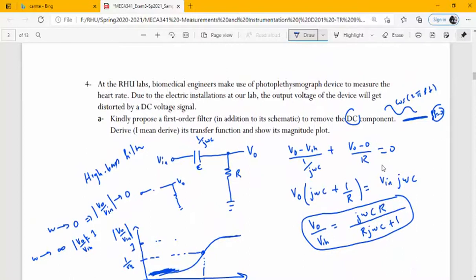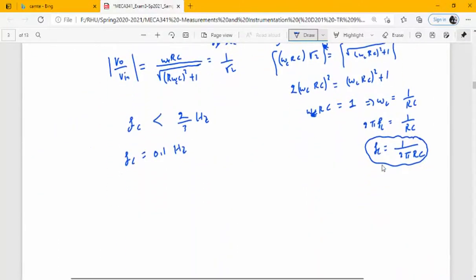So let's assume we need to remove everything below 0.1 hertz. So we make sure that we remove the DC component and we capture the 40 beats per minute that we are trying to measure. So the cutoff frequency is 0.1.